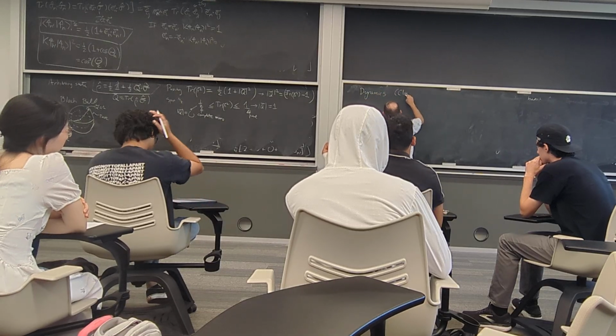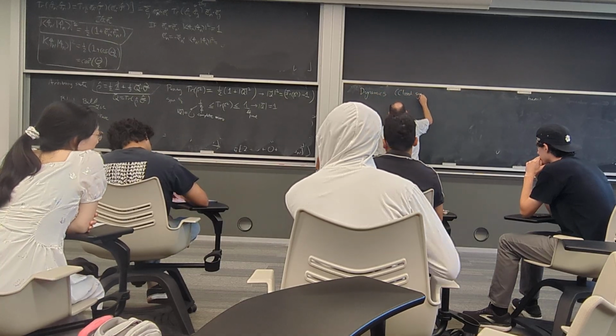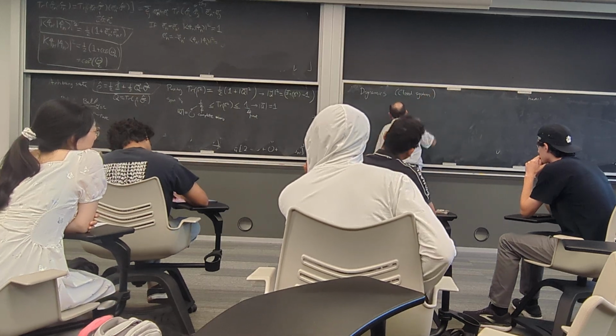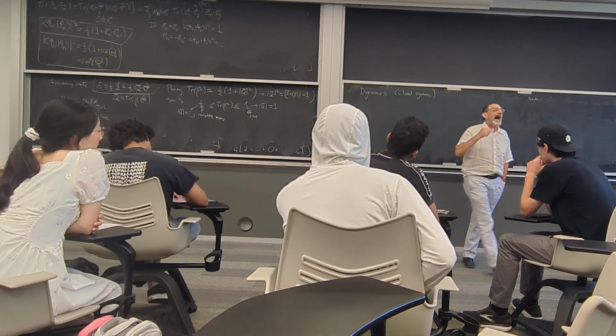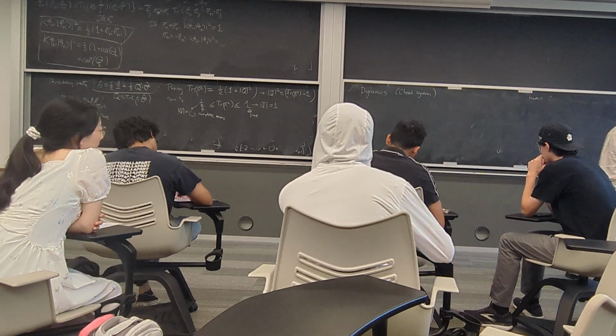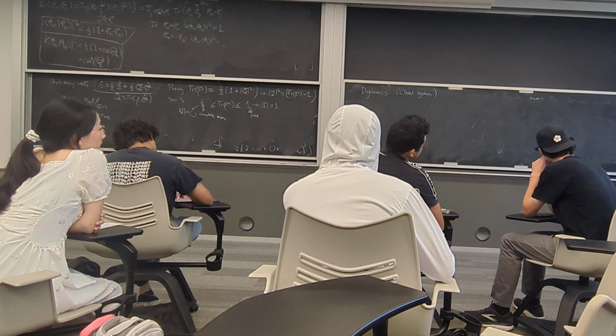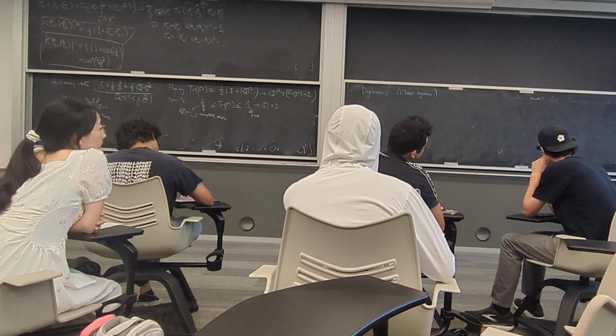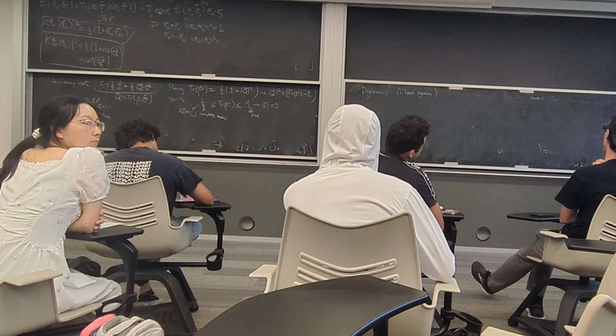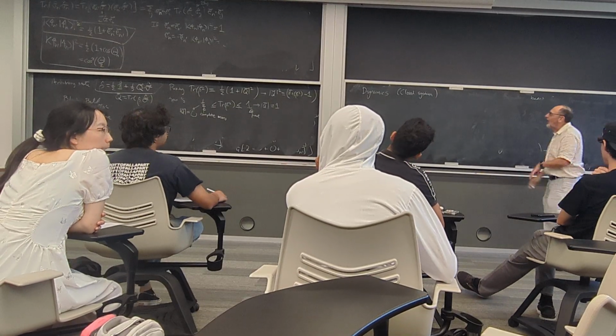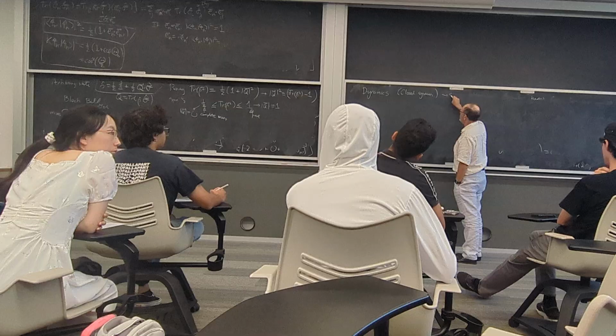And I'm going to qualify this by saying it's a closed system, meaning I have a complete description of all the degrees of freedom. Completely closed, there's no friction, there's no outside effects, I know everything. So if I have that, I get the Schrodinger equation.